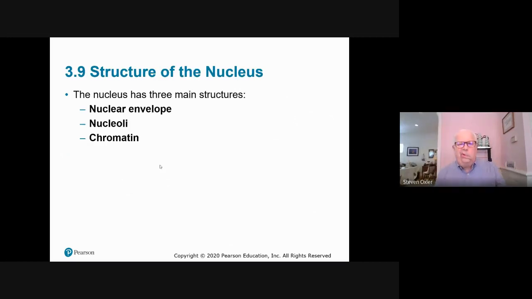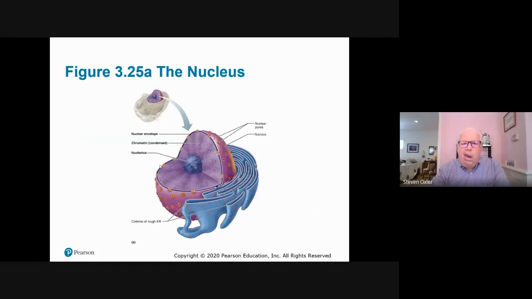The structure of the nucleus has three main structures: the nuclear envelope, which is on the outside, the nucleoli, which is inside, and chromatin, where your chromosomes are. Here is what the nucleus looks like. And inside is a nucleolus. And chromatin is inside the nucleus also.